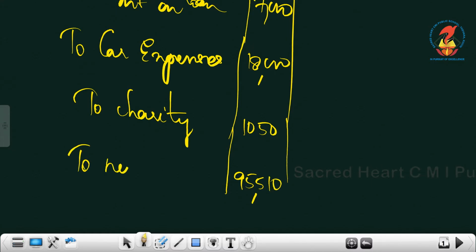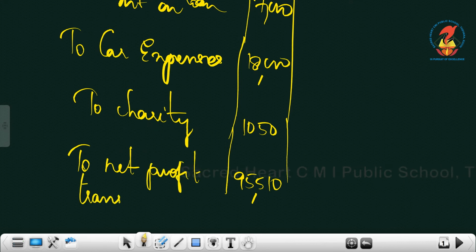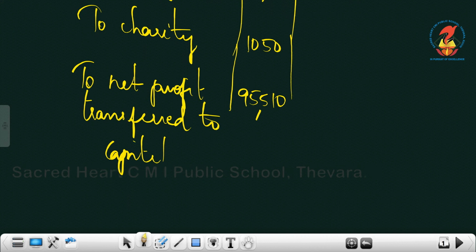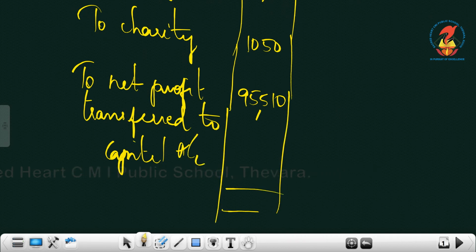So you write net profit, transfer to capital account. Now you can close this.